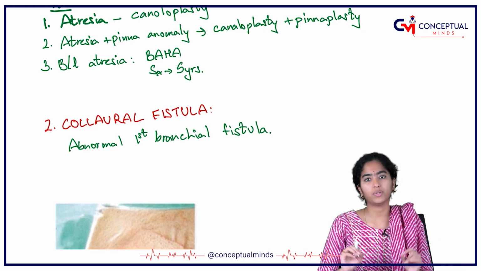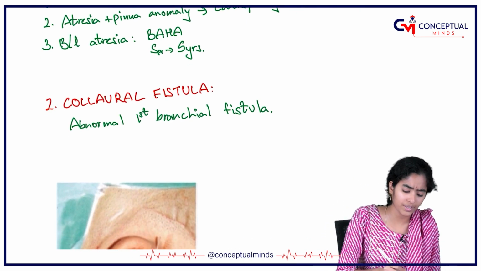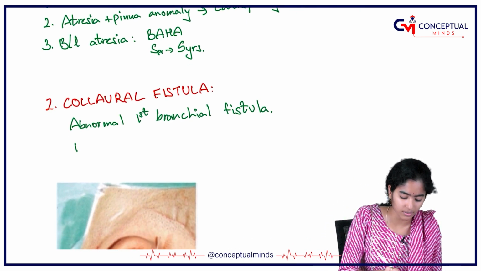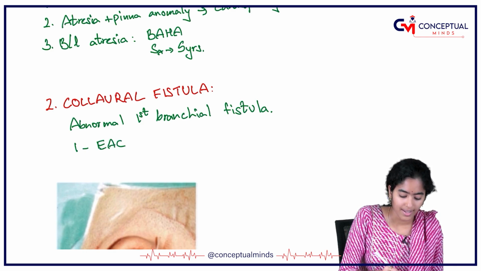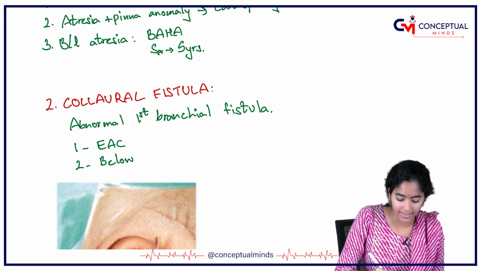So, it has 2 openings. It's an abnormal communication. One opening is present in the external auditory canal, and the second opening is present below and behind the angle of mandible in the neck.